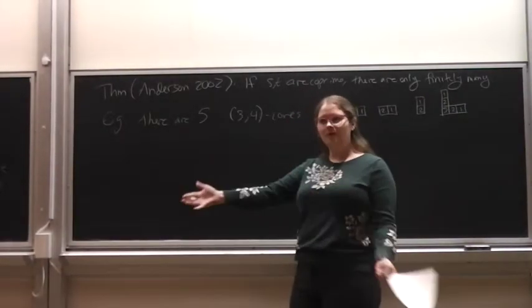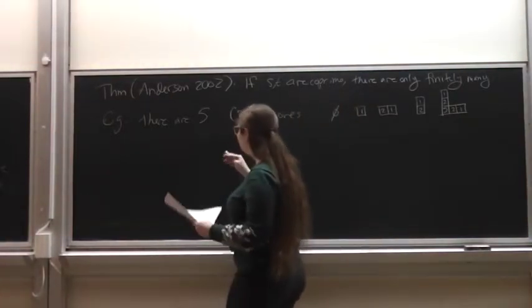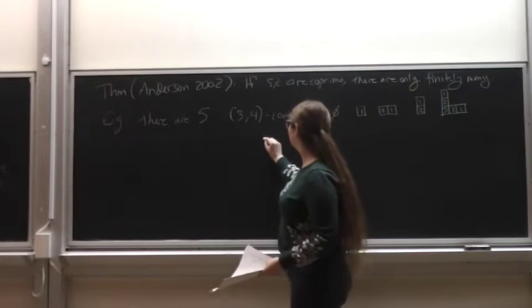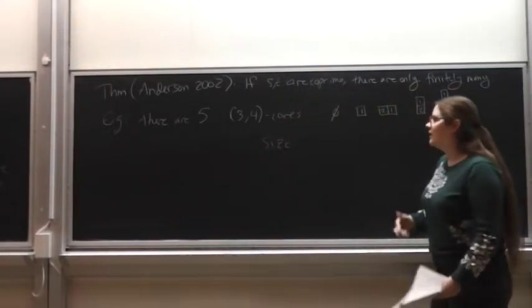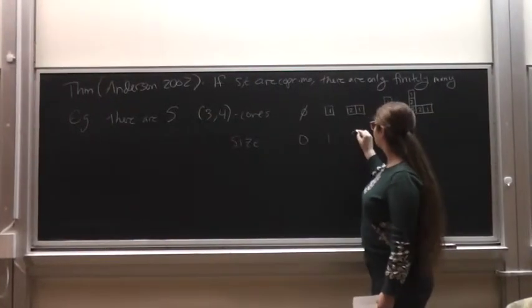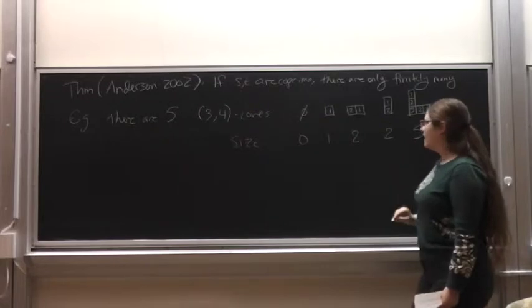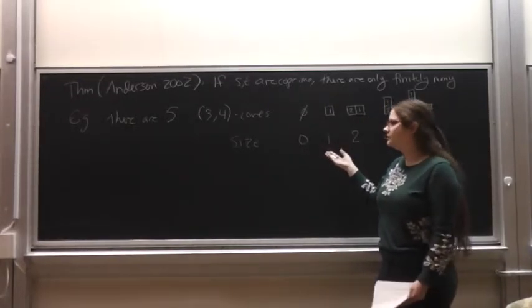Why don't we ask about the whole distribution? And that's what led to this study. So we put a statistic on this set, the very natural statistic of size. So what number are these partitions partitioning? And we ask about the distribution of this statistic on this set.